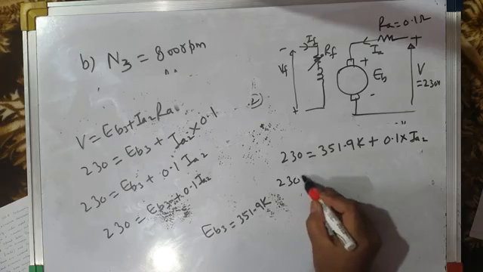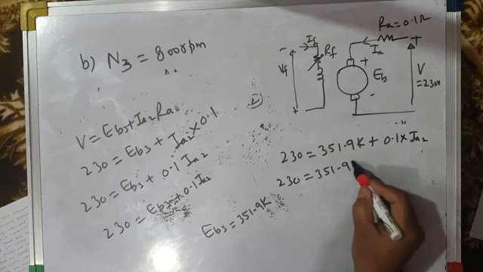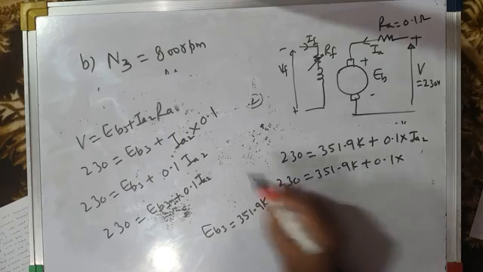So 230 is equal to 351.9 K plus 0.1 into Ia2.